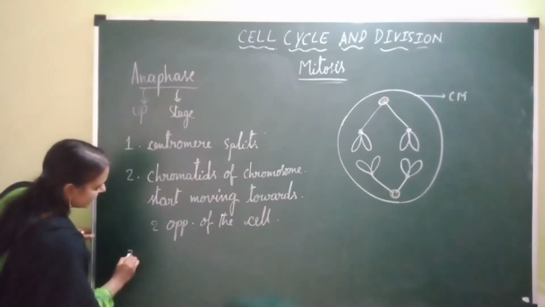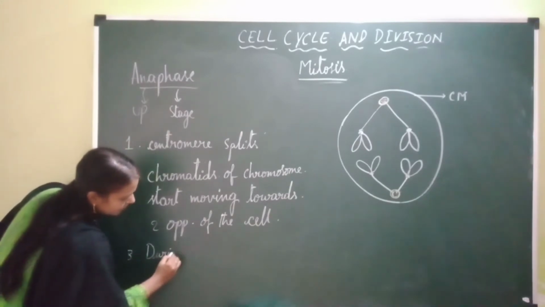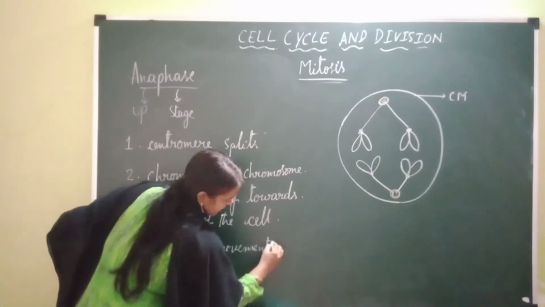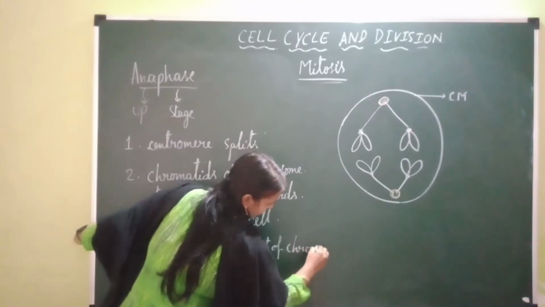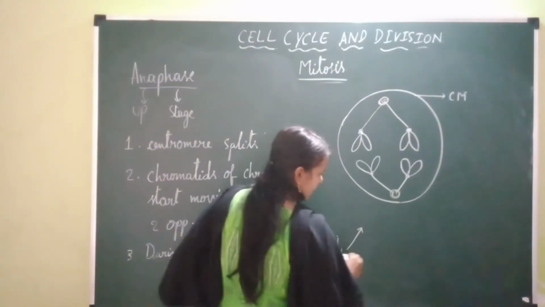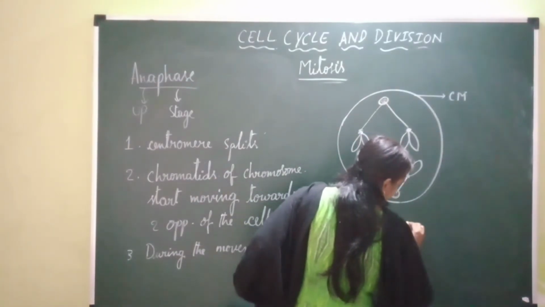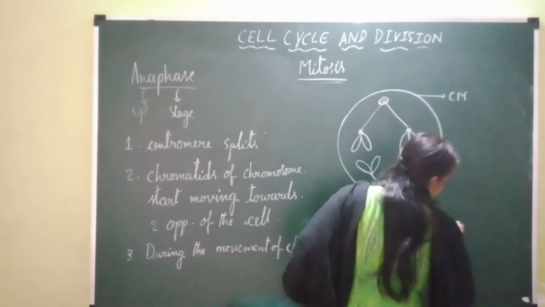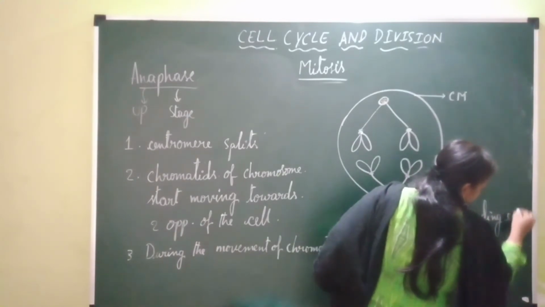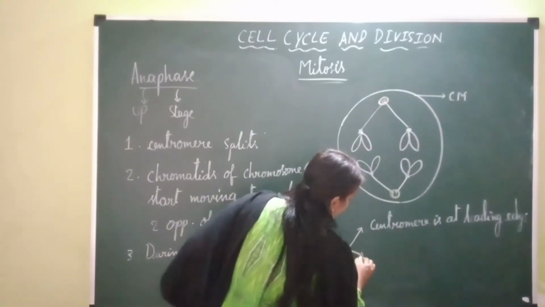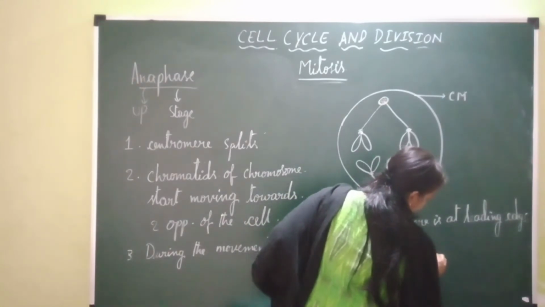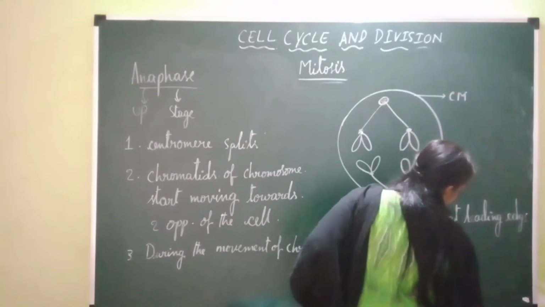So during the movement of chromatids, the centromere is at the leading edge, whereas the arms are trailing behind it.